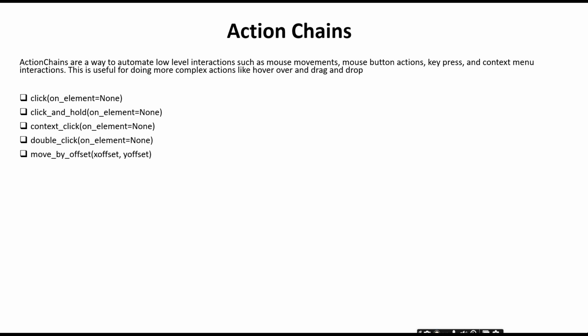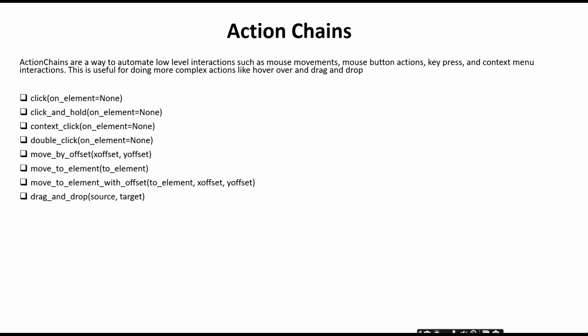Move by offset: it will move the mouse cursor to a particular X and Y position. Move to element: we can use this method to move the mouse cursor onto the element. Move to element with offset: here you pass the element, then the X position and Y position. Drag and drop, where we can drag one element and drop it onto another element.